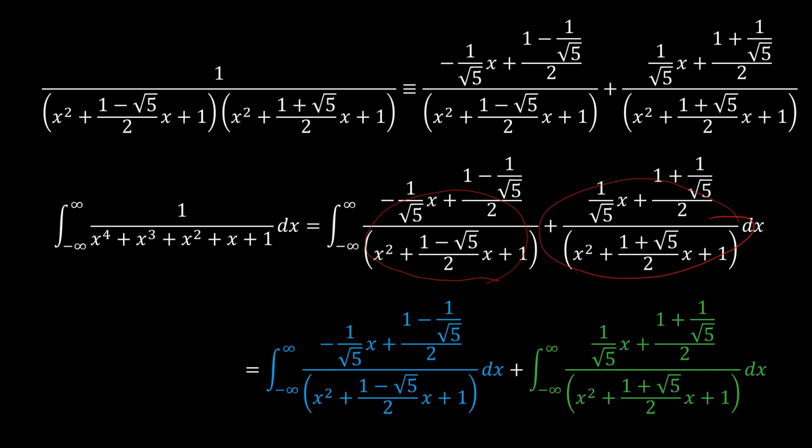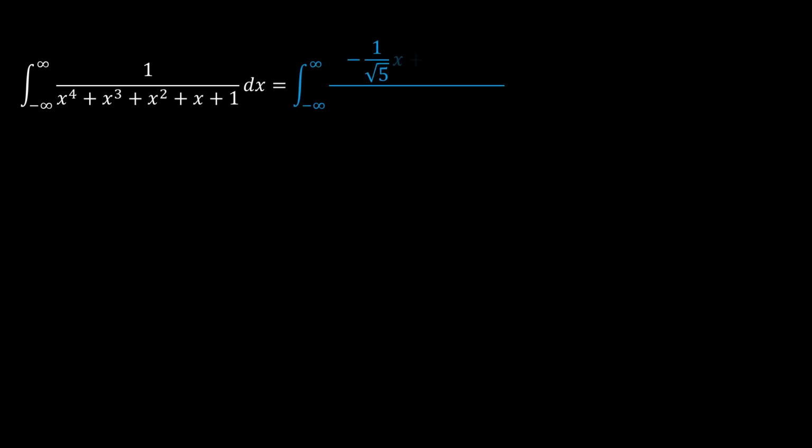We're going to deal with these two integrals separately and then combine the results we get. So this is the new integration set we have, the blue and the green integrals. We're going to start and focus on the blue integral, and let's focus on the denominator.